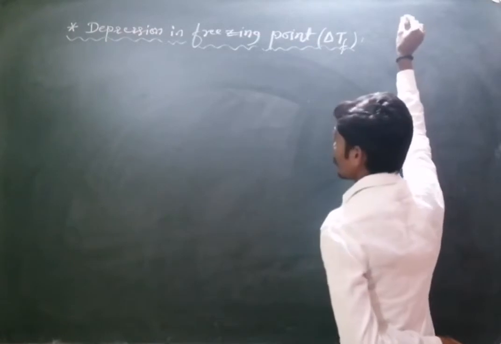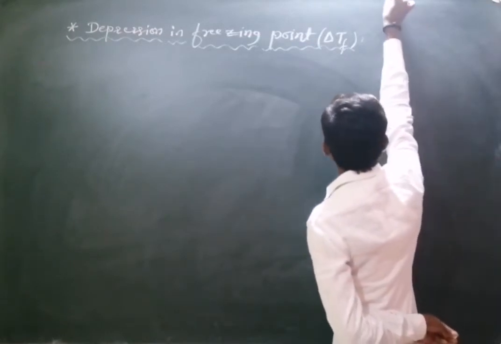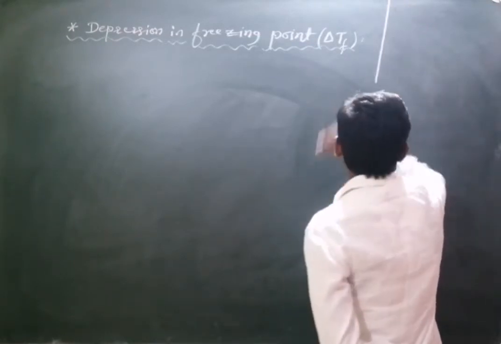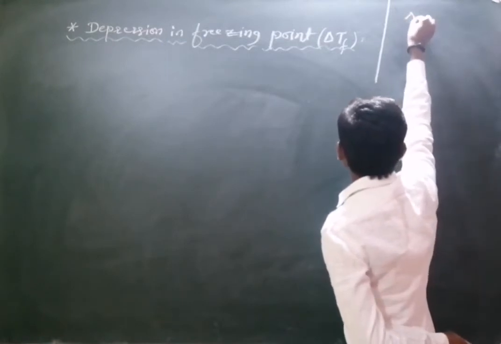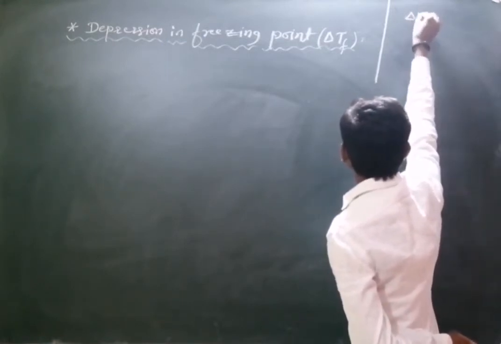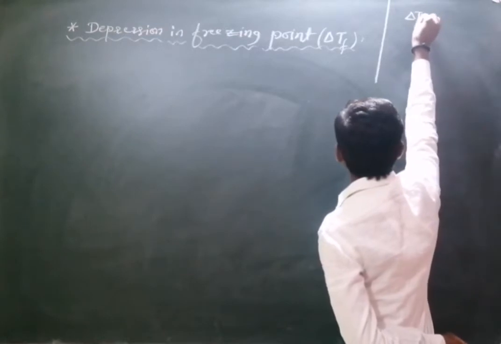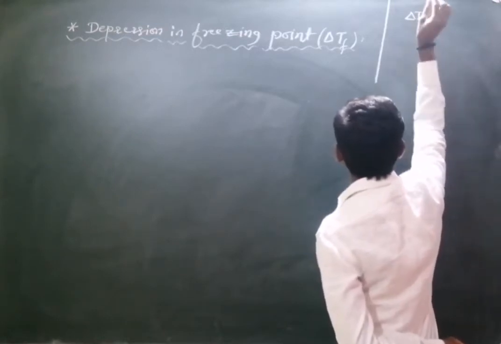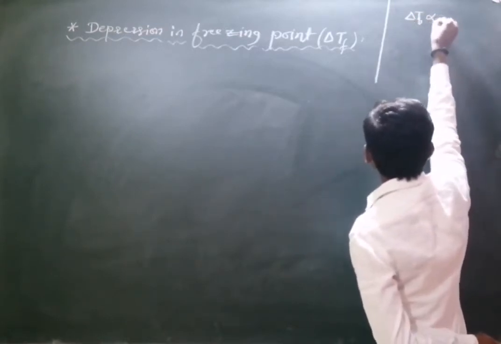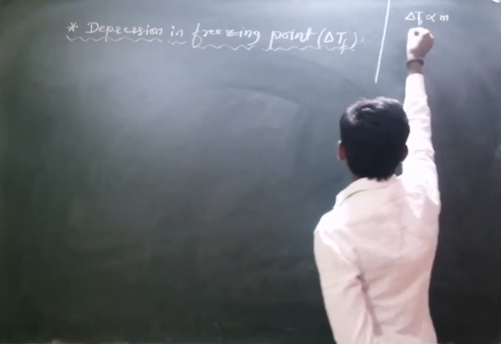What is the formula for depression in freezing point? In the last class we completed elevation in boiling point, that is delta TB is proportional to m.